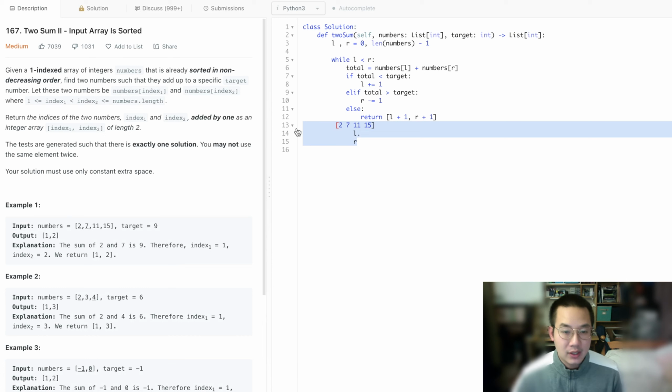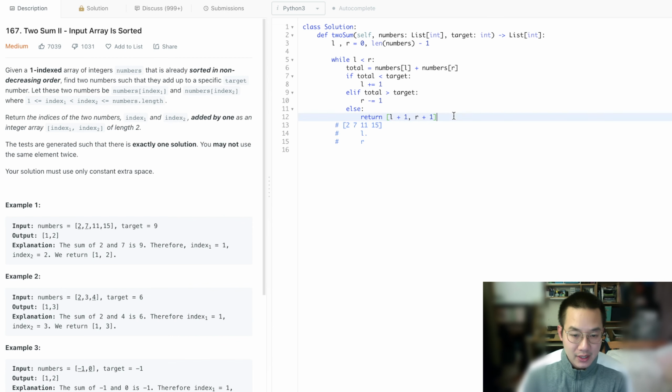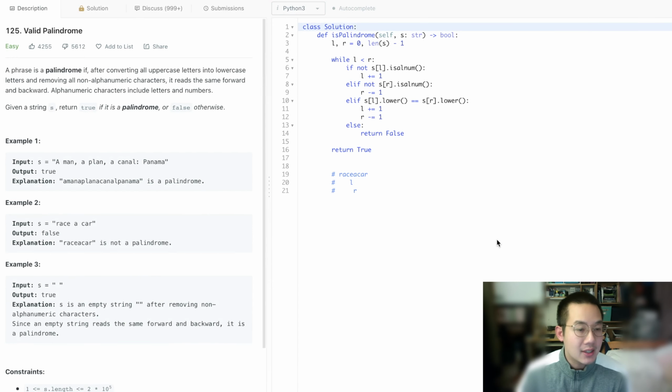Important information to get the 2-sum, looking at the left side and the right side for information about whether we are getting closer to the total or not. Same with the valid palindrome, looking at the left side and the right side for information whether it continues to be a valid palindrome or not.